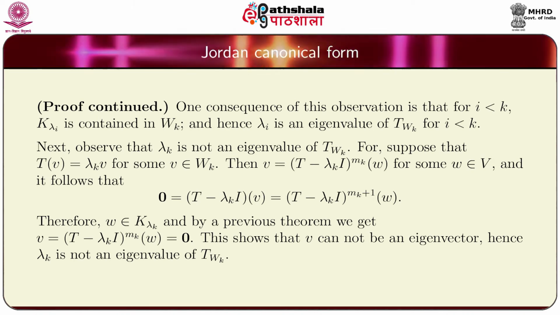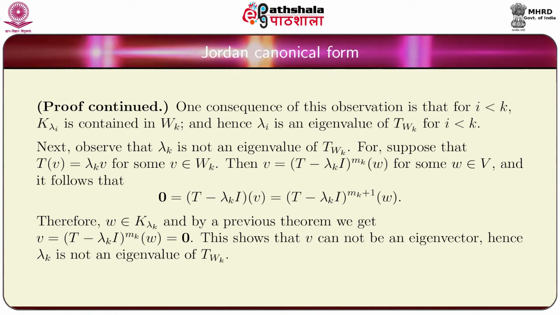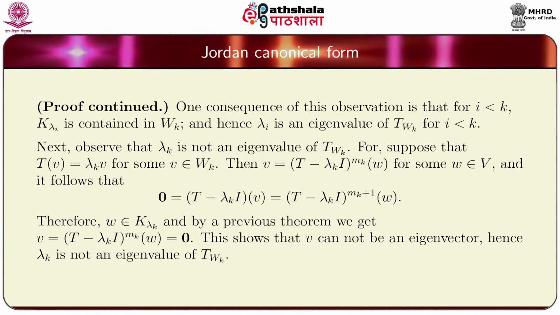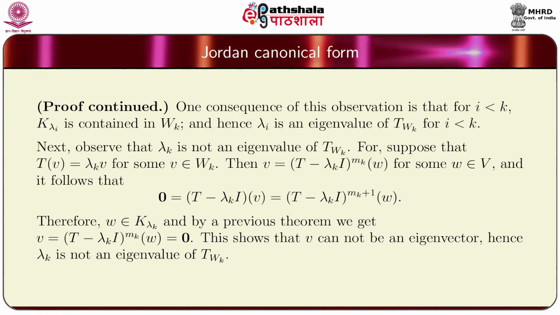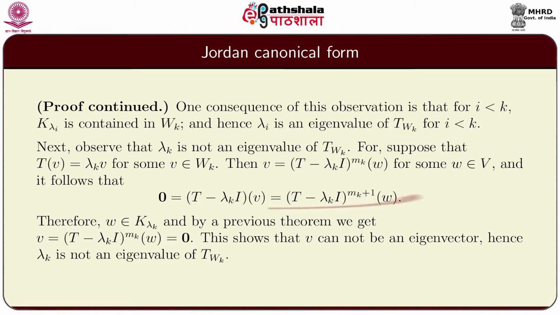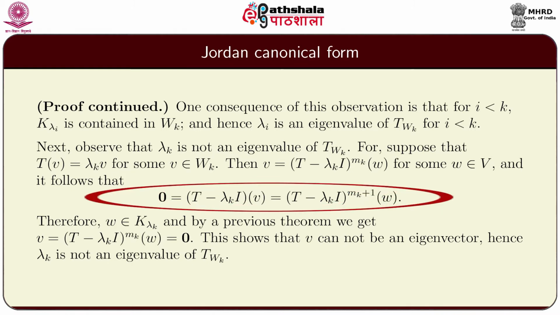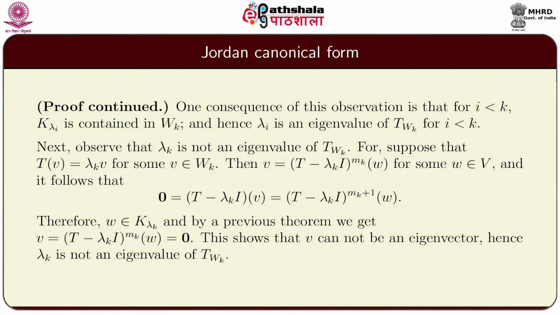Then v can be written as (T minus lambda k I) raised to mk of w for some w in V, and it follows that (T minus lambda k I) of v, which is 0, is the same as (T minus lambda k I) raised to mk plus 1 of w. Therefore, w belongs to K lambda k, and by a previous theorem we get v is equal to (T minus lambda k I) raised to mk of w is equal to 0. This shows that v cannot be an eigenvector. Hence, lambda k is not an eigenvalue of the operator T restricted to Wk.